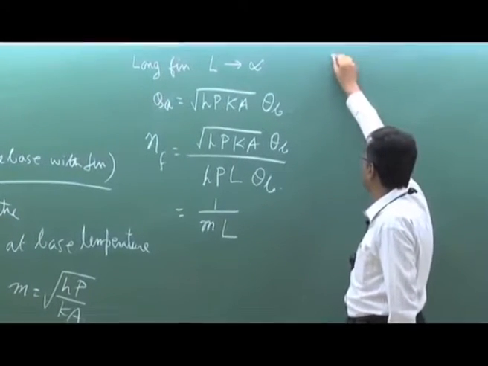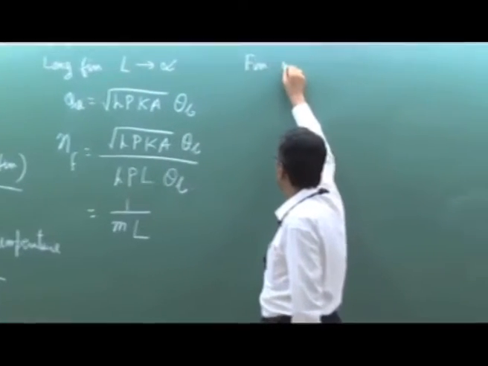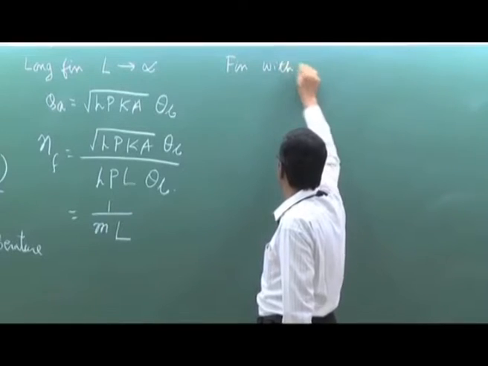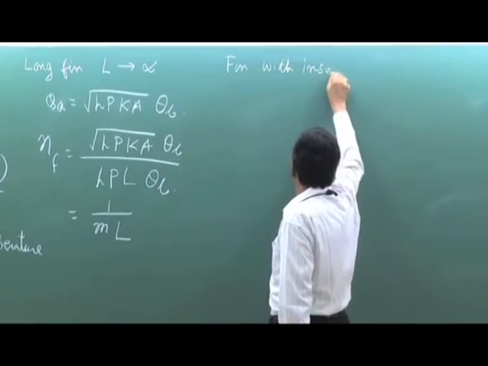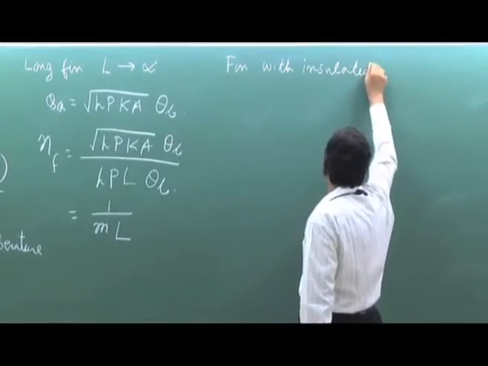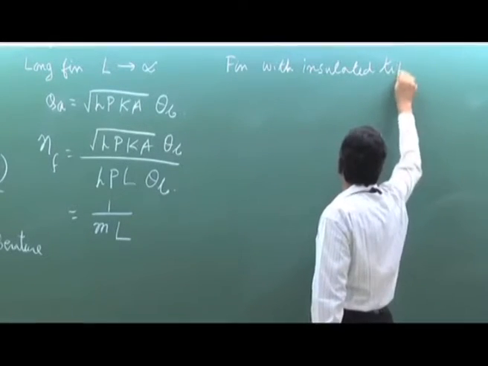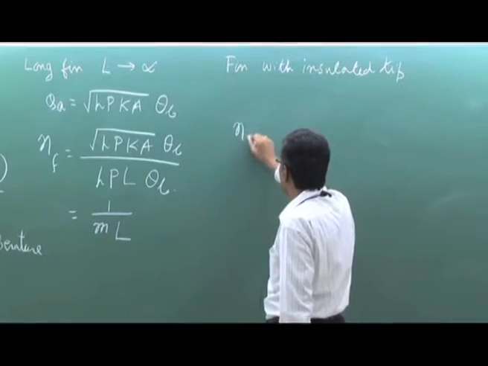In case of a fin with insulated tip, what will be eta F?